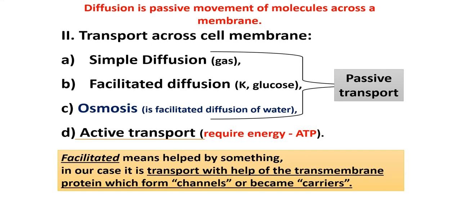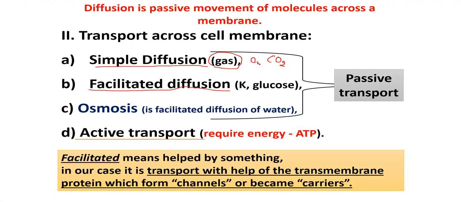Diffusion is the passive movement of molecules across the membrane. We have simple diffusion, which is typical for gases, for example oxygen and carbon dioxide. This is how they move in and out of the cell. Then we have facilitated diffusion.